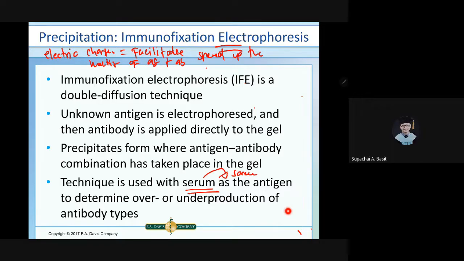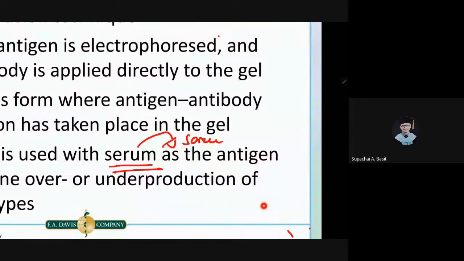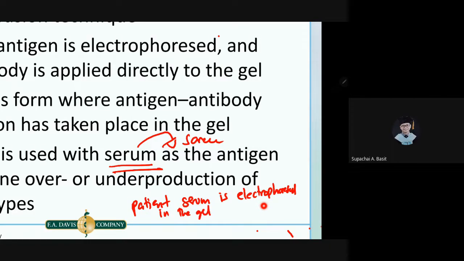So in immunofixation electrophoresis, patient serum is electrophoresed in the gel.